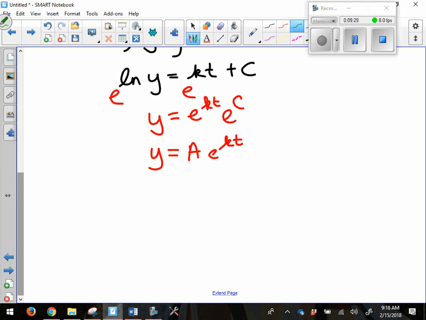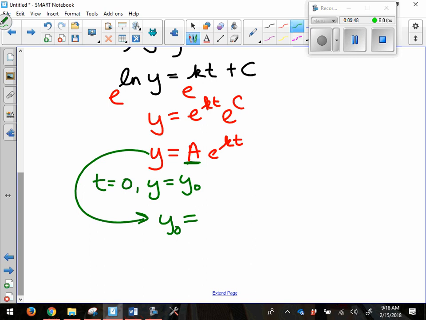Okay. But remember that I have an initial condition, right? When t is equal to 0, what's y equal to? y0, or y naught. And that's what helps me figure out what that constant is. So if I substitute in here, that tells me y0 is equal to a times e to the 0.